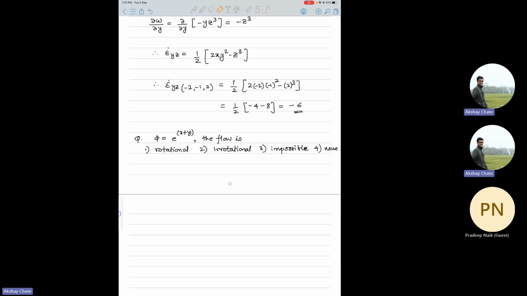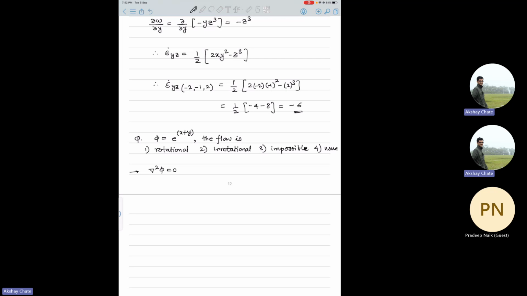So here, first of all, before going to rotational, irrotational, you need to check whether this is a valid potential function or not. So that is checked by del square psi, del square phi equal to 0. And if it is a question of stream functions, there also the first check that you do is Laplace, and then anything other than that.